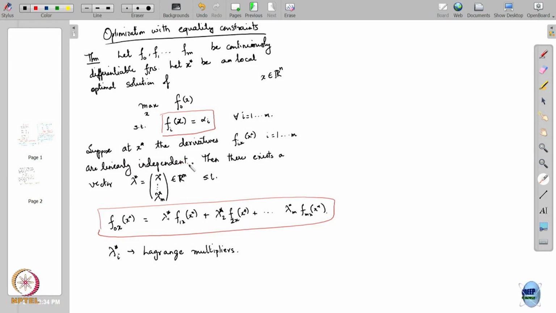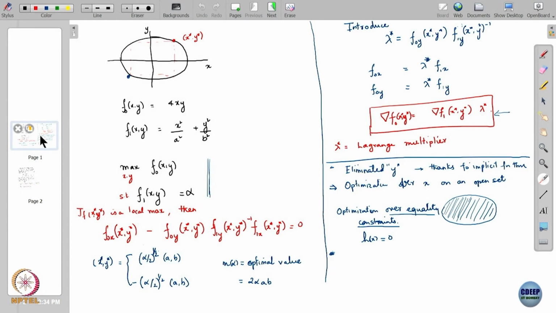That is akin to our previous assumption, that we had assumed that y star was non-zero. We were considering y star as not 0 because we said we do not need to look at such points.